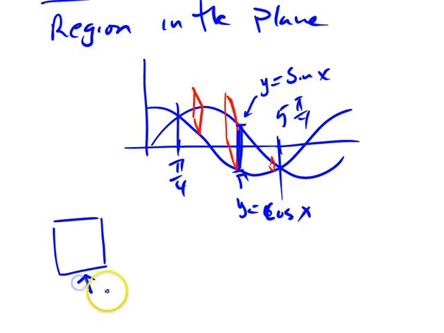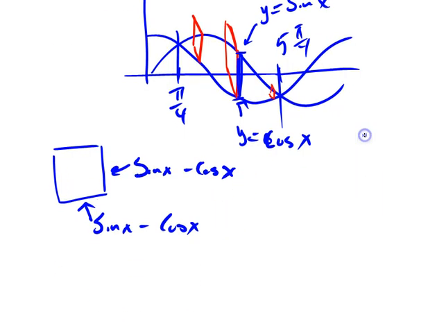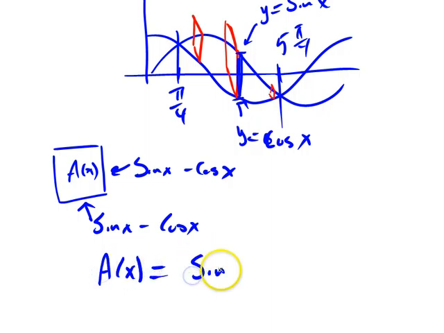So this distance right there is sine x minus cosine x. Of course, that would make this the same because it's a square, sine x minus cosine x. And the area of this thing as a function of x is (sine x minus cosine x) squared.